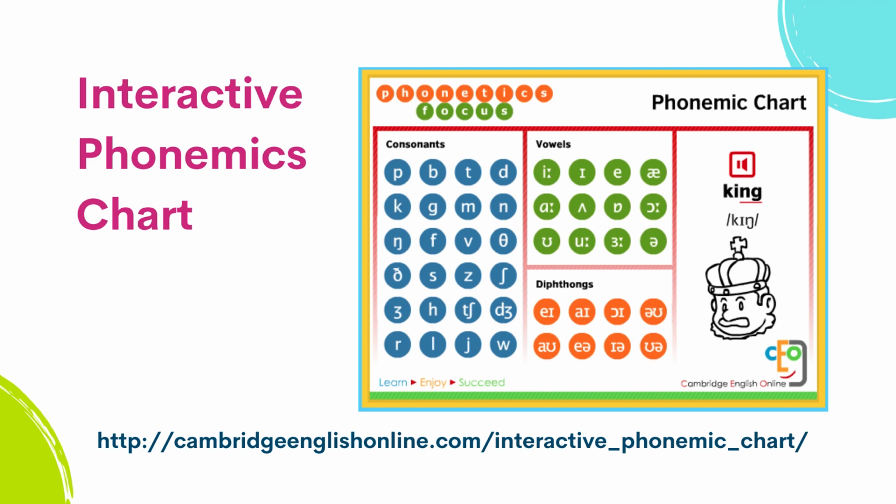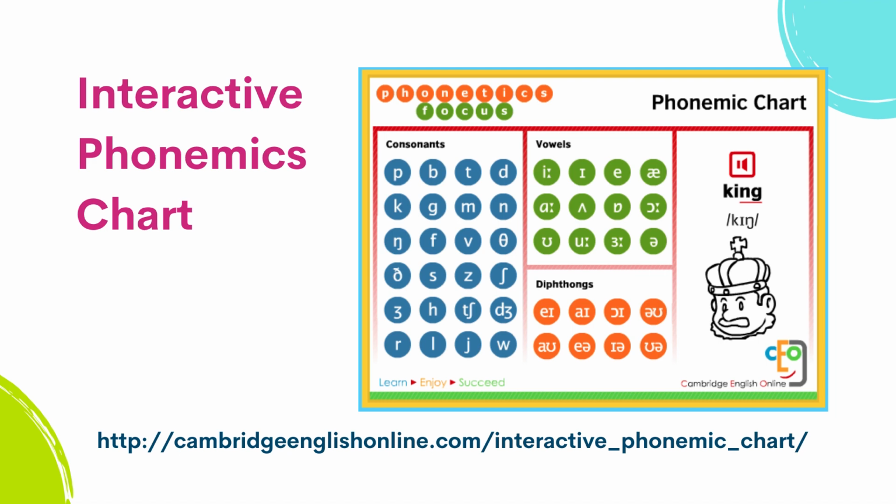You can see there are three parts of the phonemic chart: the consonants, the vowels, the diphthongs, and finally you have the example and representative image.